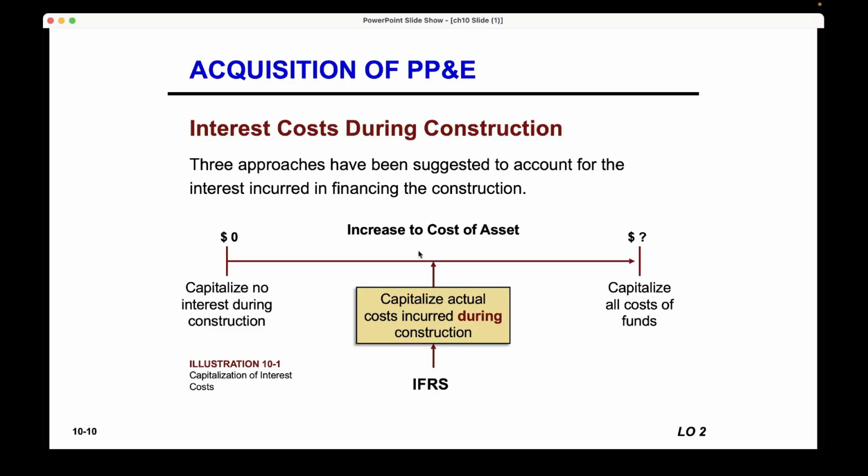So it is in the middle. It's not in the left mainstream, which capitalizes no interest during construction. It is also not in the right mainstream, which capitalizes all costs of funds. So IFRS requires capitalizing actual costs incurred during construction.